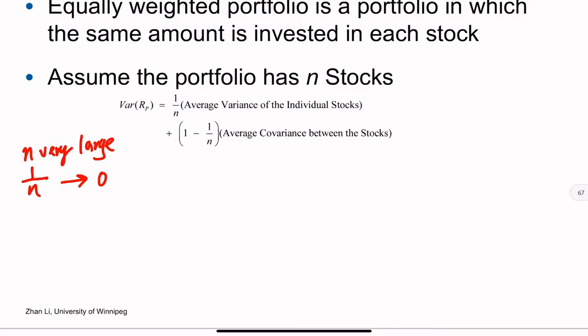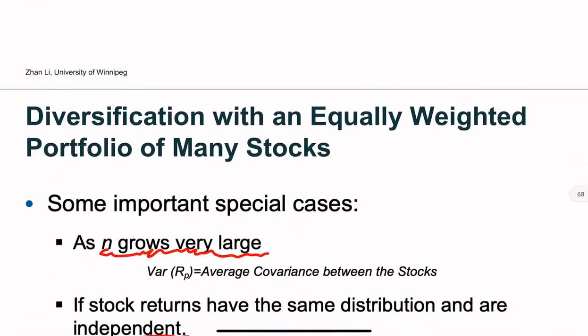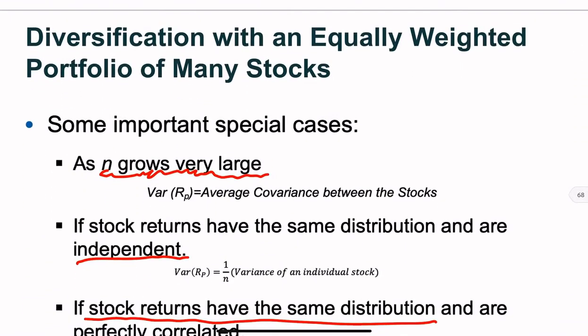So 1 divided by N is close to 0. In this case, the variance of this portfolio equals, you can see that this becomes 0, this becomes 0, so it equals the average covariance. So that's why you get this first result: as the number of stocks grows very large, the variance of the portfolio equals the average covariance between different stocks.